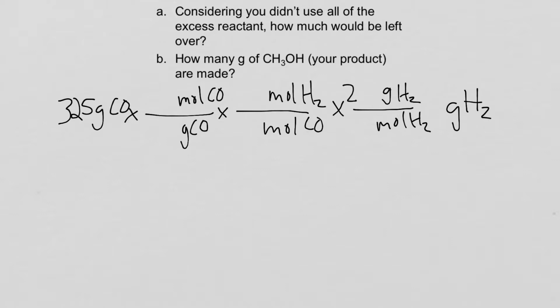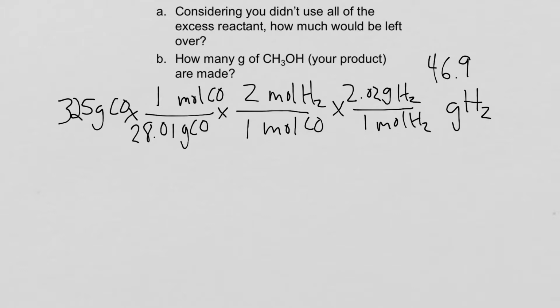And then I just fill in my molar masses. My ratio from my equation, which I believe is 2 to 1, and then 1 mole, 28.01 grams. 2.01, yes. So I see that I have used 46.9 grams of H2 in using up all of my carbon monoxide.